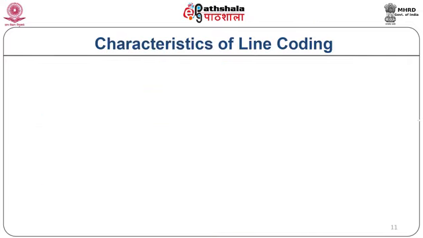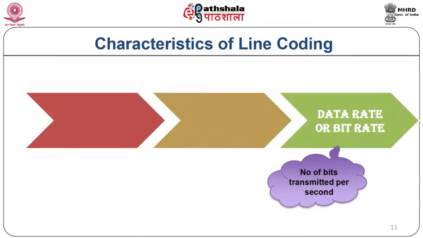Let us now address the various characteristics of line coding. Data rate represents the number of data bits transmitted per second. It refers to the rate at which the signal is transmitted. The unit is bits per second. The data rate should be increased to increase the data transmission speed.